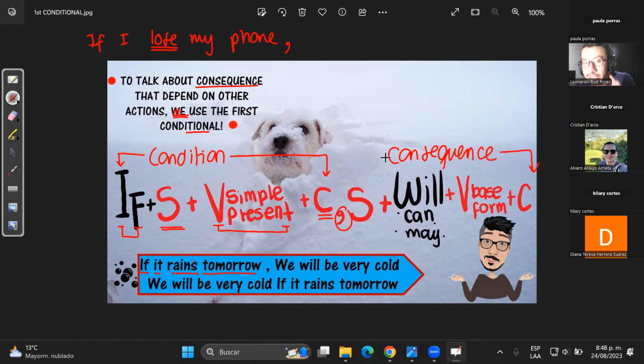Remember that the consequence is different for everybody. For example, if it rains tomorrow, we will be very cold. This is the condition for everybody. But I can say, if it rains tomorrow, I will not work. It is another possible consequence. The consequence is going to have 4 elements.